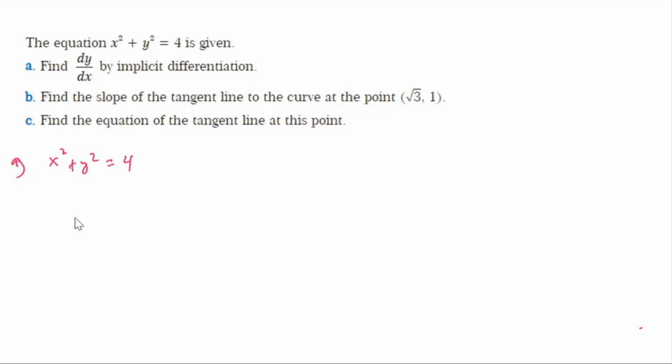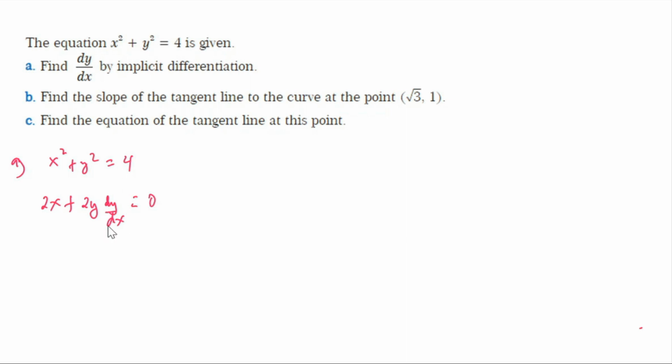So taking the derivative of that using implicit differentiation, we can write the derivative of x squared is 2x plus the derivative of y squared becomes 2y using the power rule, and the derivative of y is dy over dx, is equal to 0 because the derivative of 4 is 0.